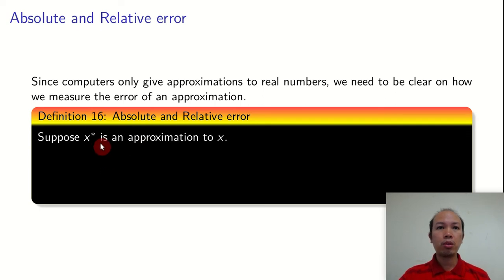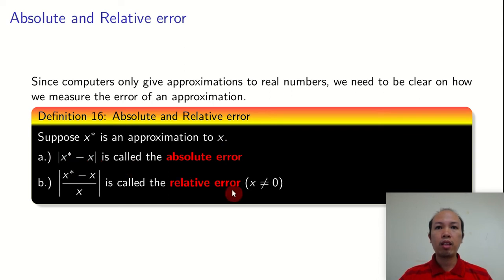Suppose x asterisk is an approximation to x. Remember the notation for the approximation to the actual answer. The absolute error is defined as the absolute value of x asterisk minus x, and the relative error is the absolute error divided by x, where x is not equal to 0.